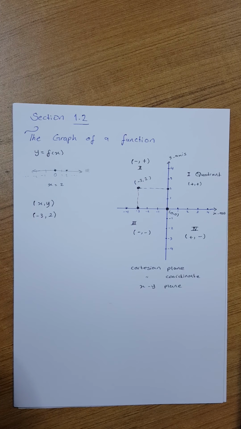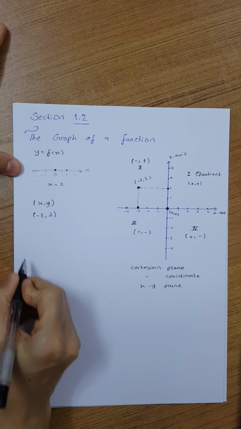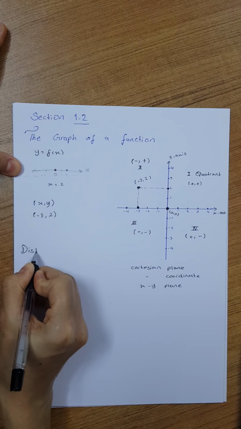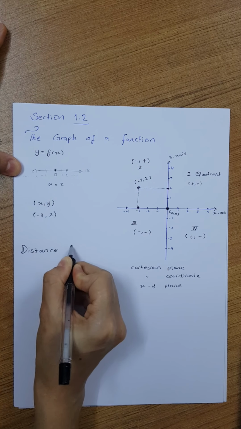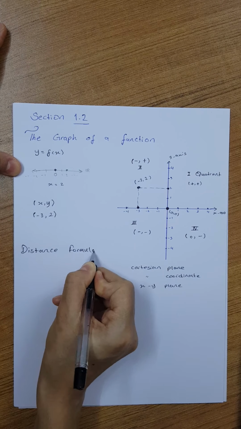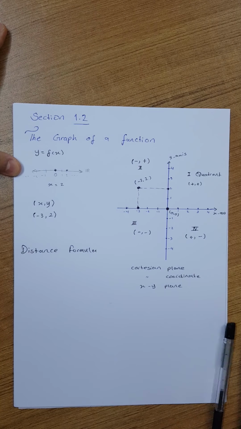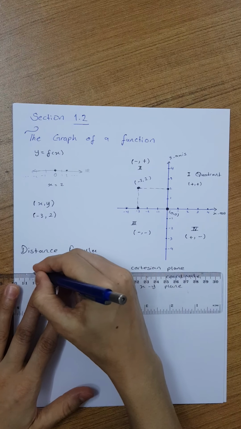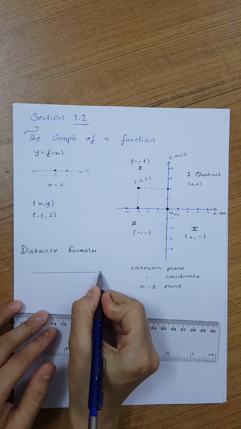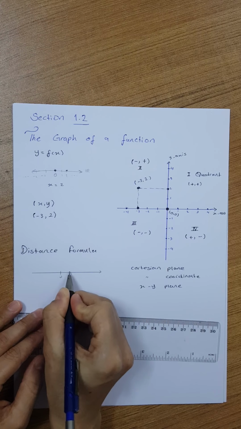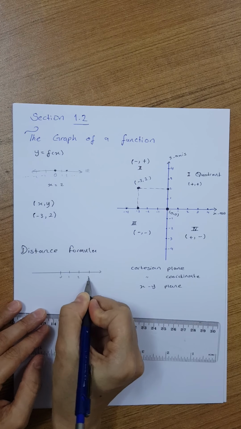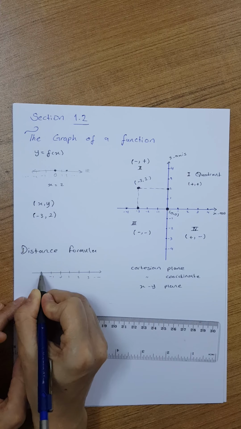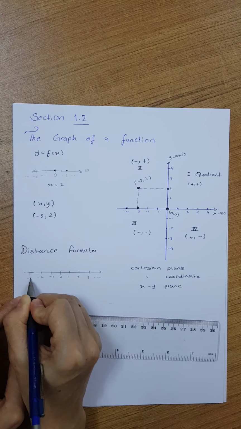That's about the Cartesian coordinate. We are coming to the distance formula. What is the distance formula? In general, when we were talking about real numbers, for example, here I have 0, 1, 2, 3, and so on, and here I have -1, -2, -3, and so on.